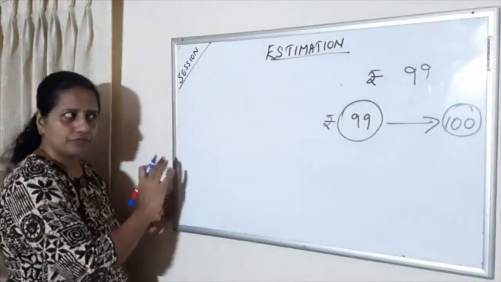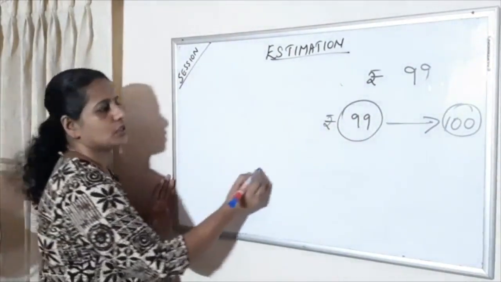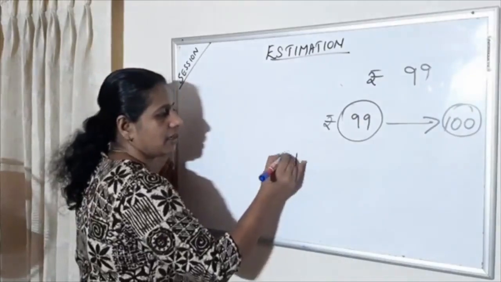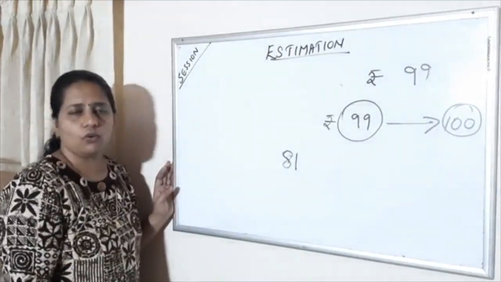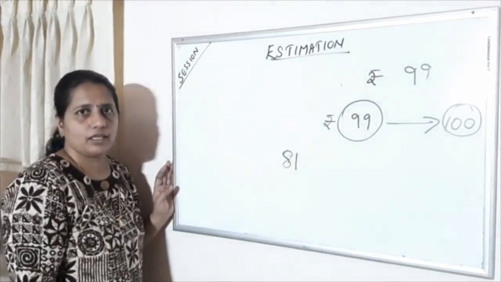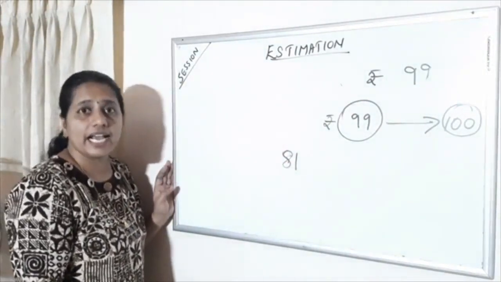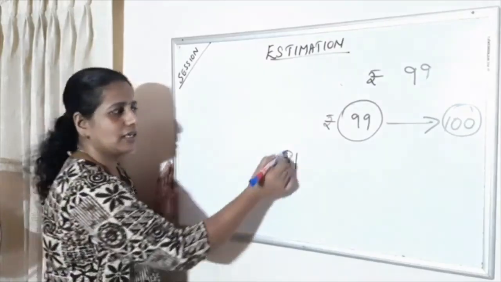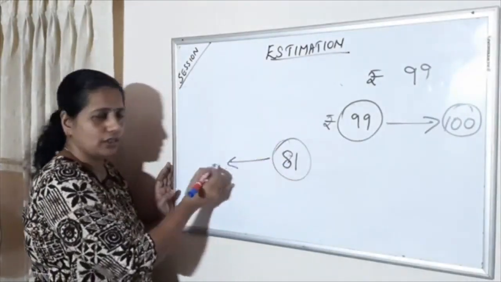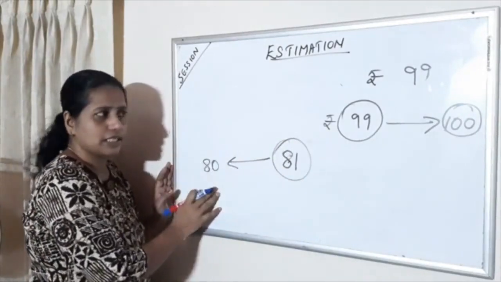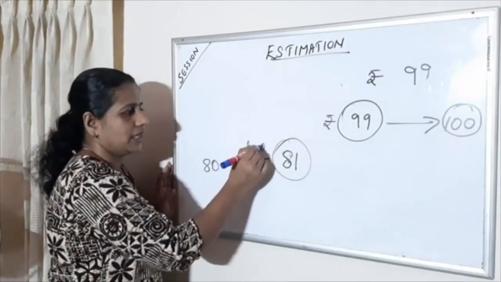Next, if the cost of the pen is 81, now what will you say? The cost is 80. That is, you are rounding down the number.